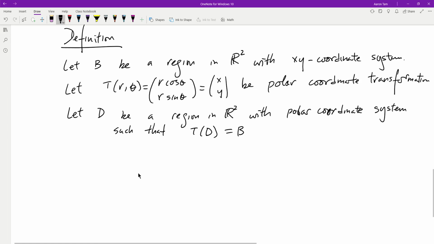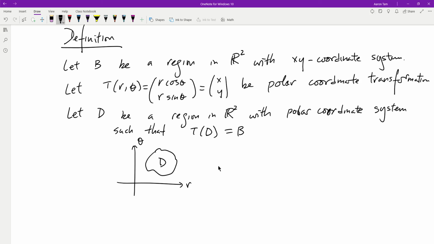This is what it means. If I take a region in r theta, let's say here's D, and I push it through T, I get a region in the x y plane that we call B. It might be a little hard to understand, but I'll show you an example and then you'll see.